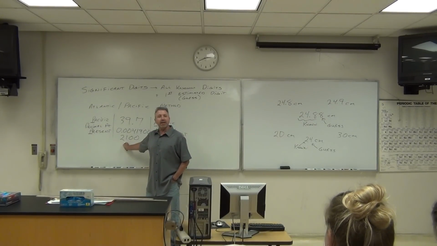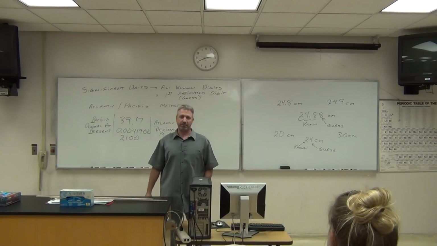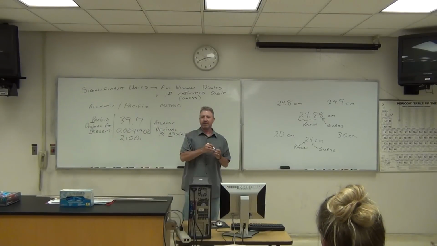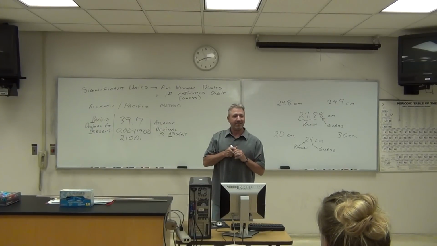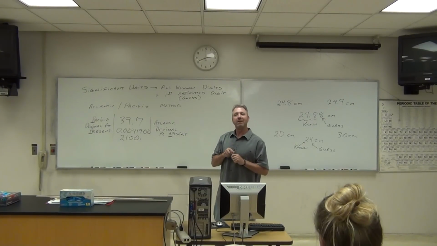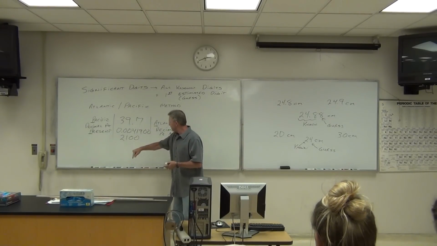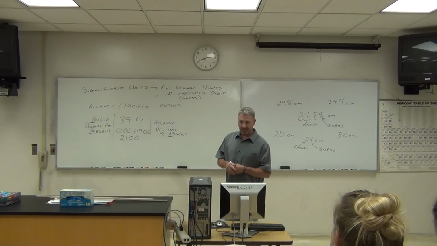But once we hit it, we count all the way to the end, zeros or not. 2. Now how many? 4. Now it's got 4, huh? There's a difference, okay? There's a difference between having the decimal point there and not having the decimal point.